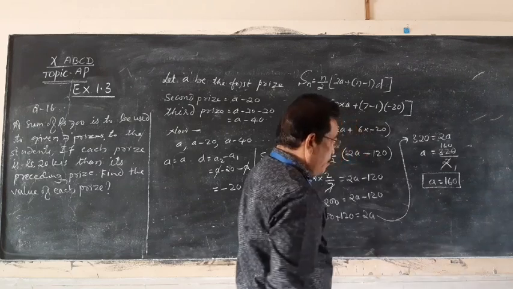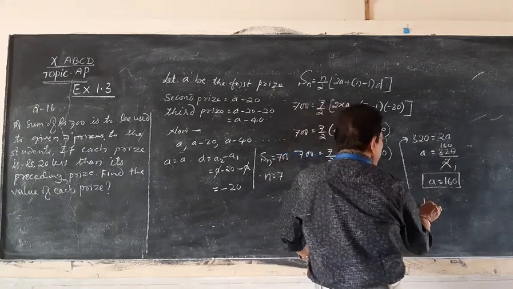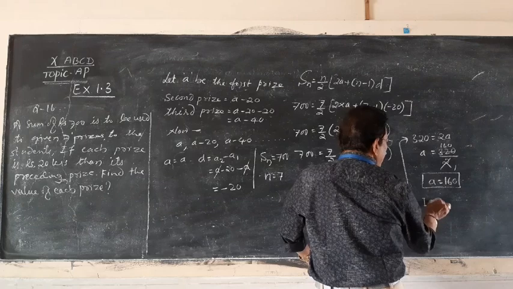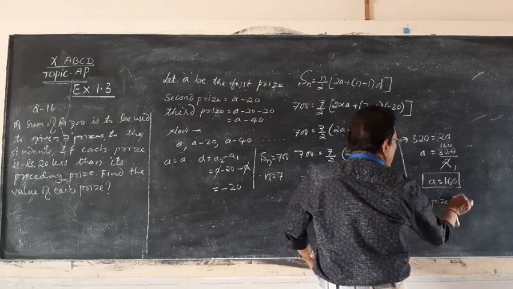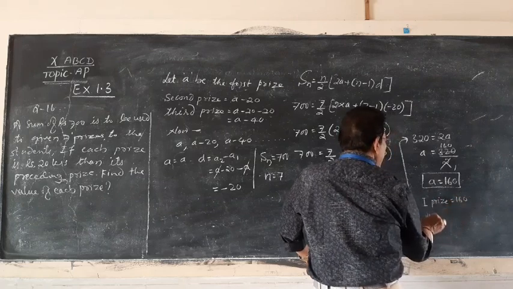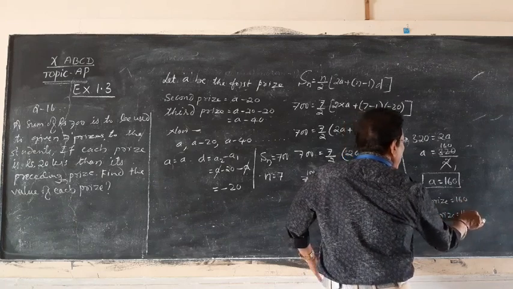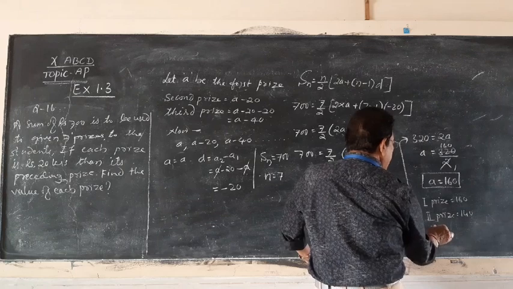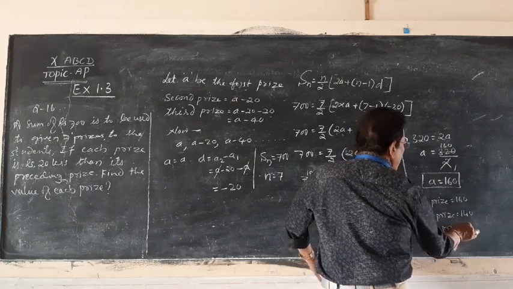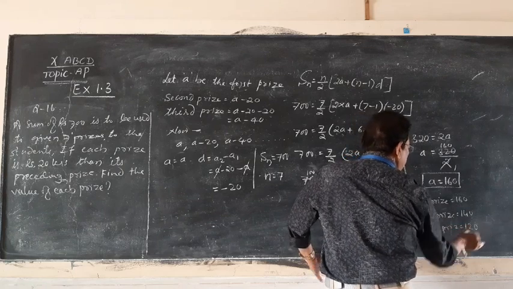What is A? The first prize, $160. Second prize, less than 20, $140. Third prize, how much? $120.